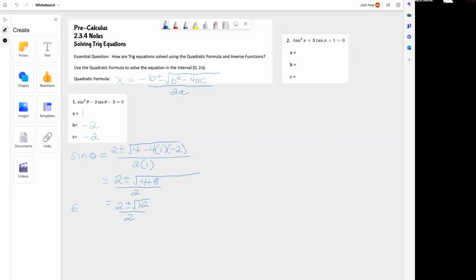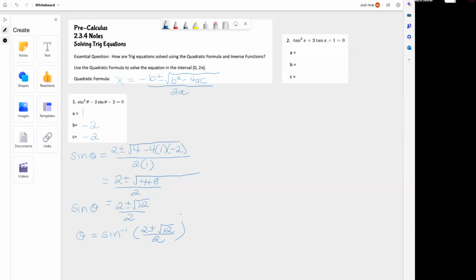This is sine theta. Now, since we are going to be finding theta, there is really no need to simplify this expression. So theta equals sine inverse of 2 plus or minus the square root of 12 over 2.